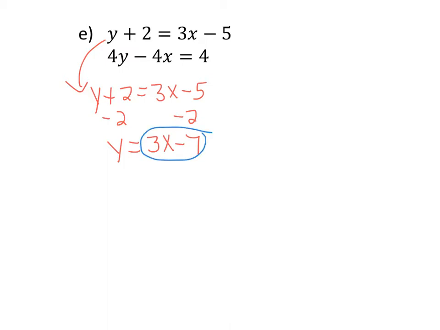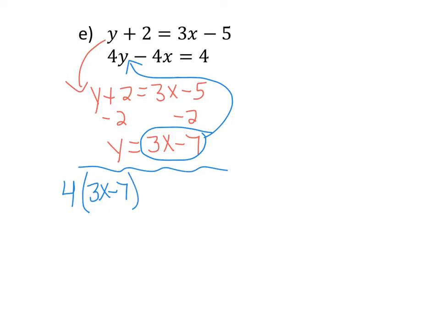I can take what y represents and plug it into my second equation. So 4 times the quantity 3x minus 7. Make sure you put that in parentheses because it's 4 times that whole expression, 3x minus 7. Bring down the rest, minus 4x equals 4.